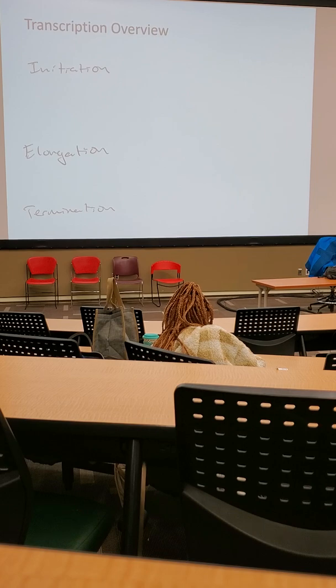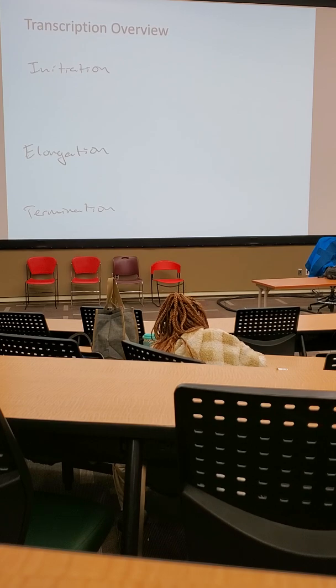What were some of the features that we saw in any of the classes? I'll add them as you shout them out to me. What were some things we needed for initiation, or elongation or termination? Enzymes? Yeah, we need the proteins to do the work. So what's our protein for elongation?